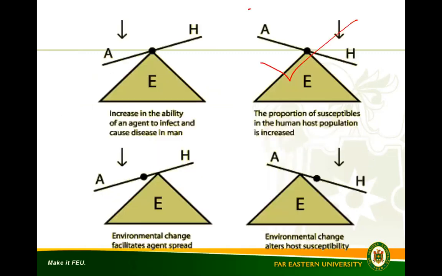Amongst the four diagrams that I have shown you a while ago, this model is most appropriate, which depicts that the proportion of the susceptibility of the host factors is increased because of his age, also his exposure to the coronavirus, as favored by the environment.